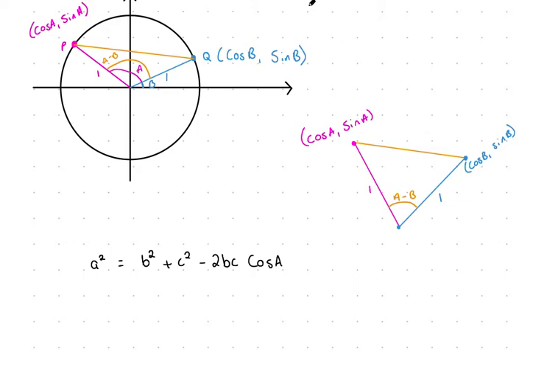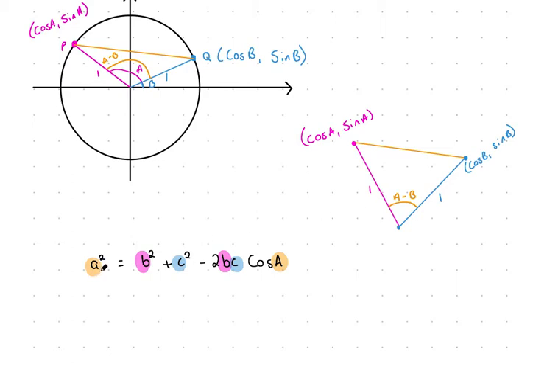So this here has to be our angle, and the yellow side is going to be our side a. The sides b and c don't really matter which one is which. It's the a that matters the most. So b is going to be, let's just say, the pink side, and then the blue side, let's give that to c. So what we do then is we're going to fill that in.